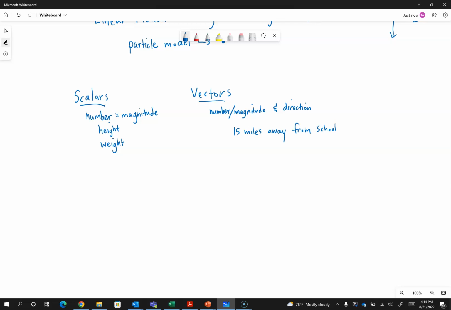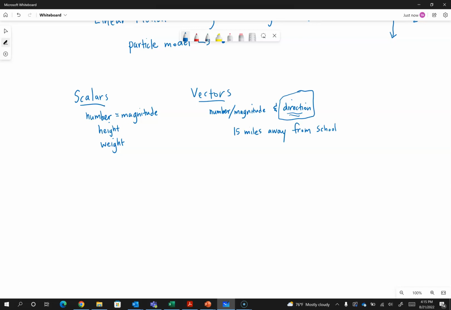If I live 15 miles from school, that doesn't give you enough information to narrow down the town I live in. So I could live south, I could live east, I could live west, I could live northwest, southeast. What we refer to when we're talking about southeast, north, west is the direction.